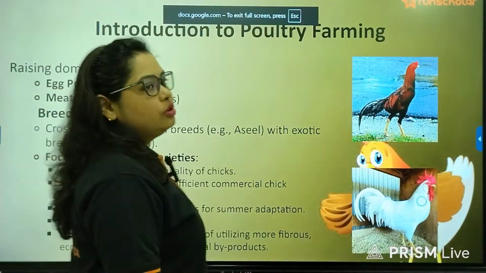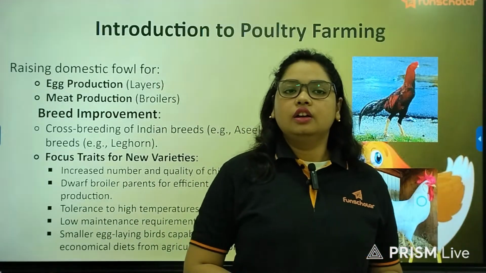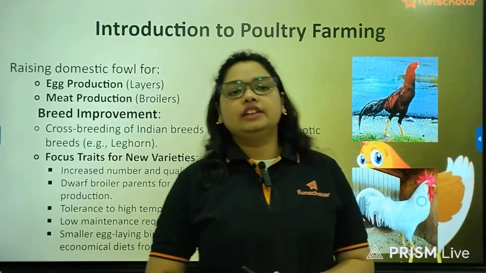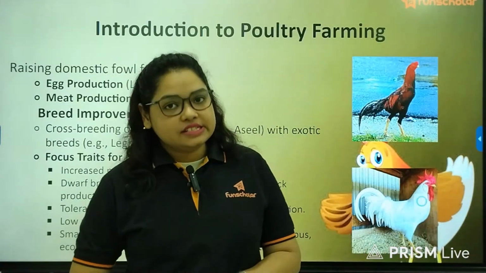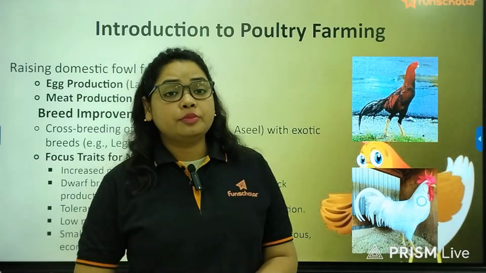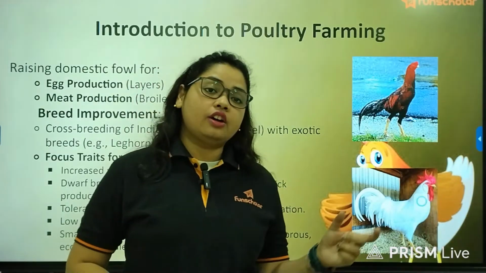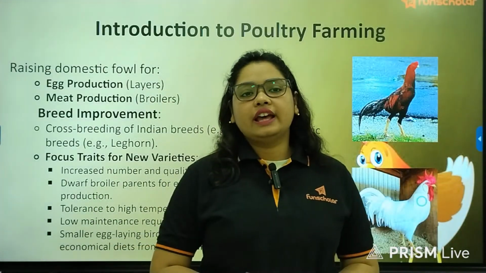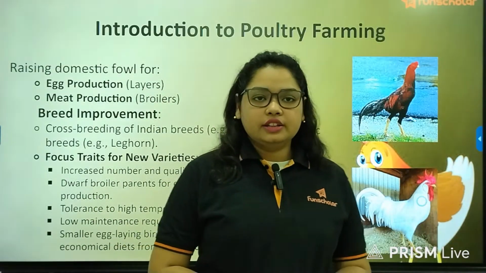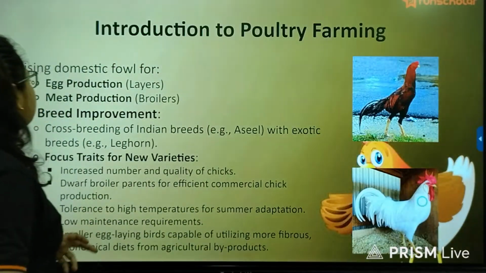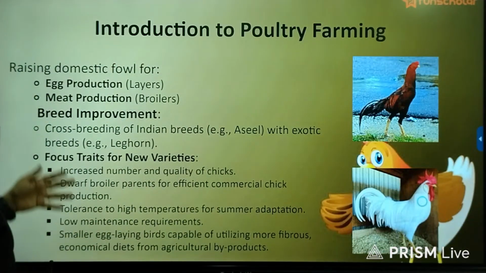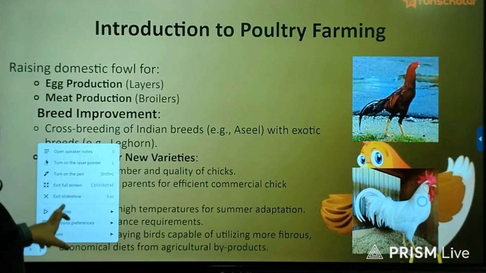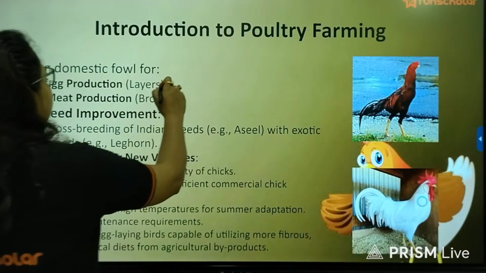So from the video itself, you have got the idea that both broilers and the egg layers need to be protected against diseases. They need to be fed properly and specifically according to the purpose they are meant to serve. And how that is actually met, we will see now. Raising domestic fowls for egg production, those fowls are known as layers.